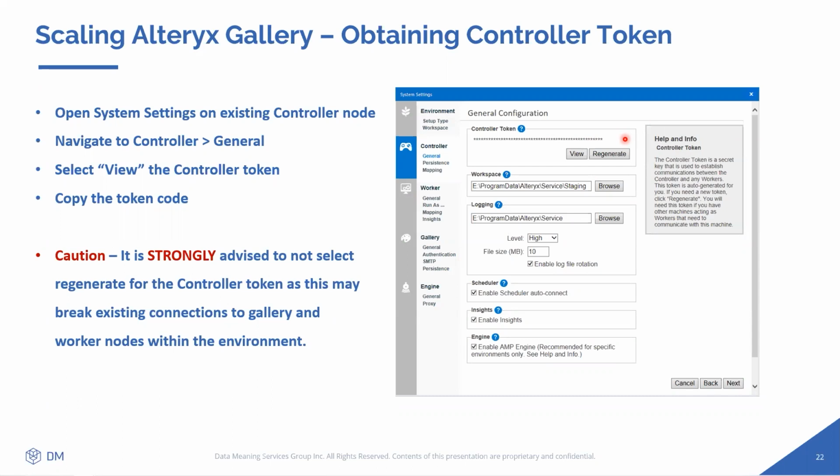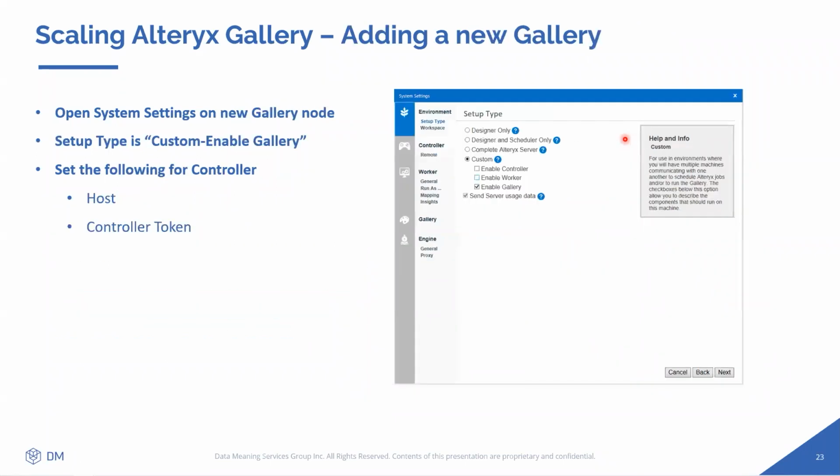If you regenerate, if you change that token, everyone will lose connection to the controller. And also, to install a gallery node is the same way as you would do installing the Alteryx server, but the only selection that you need to make here is the custom one for you to enable the gallery.